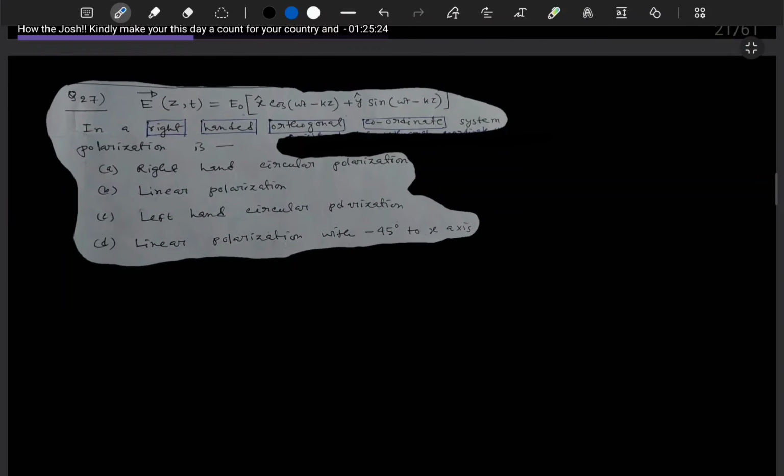Next, we need to find out the type of polarization here. Let t equal to 0 for z equal to 0, it will be E naught x cap.